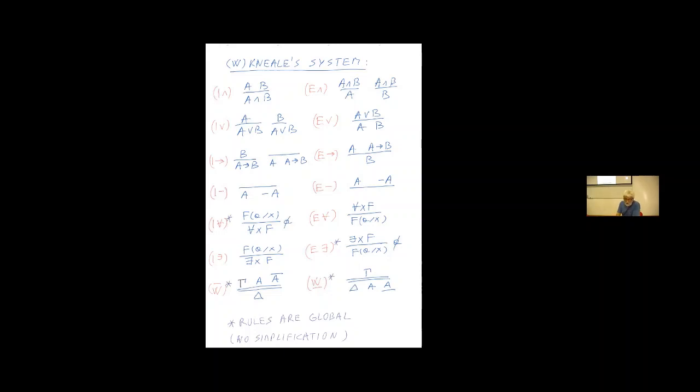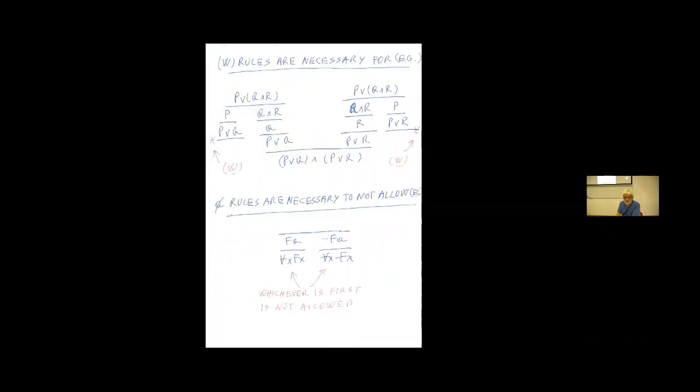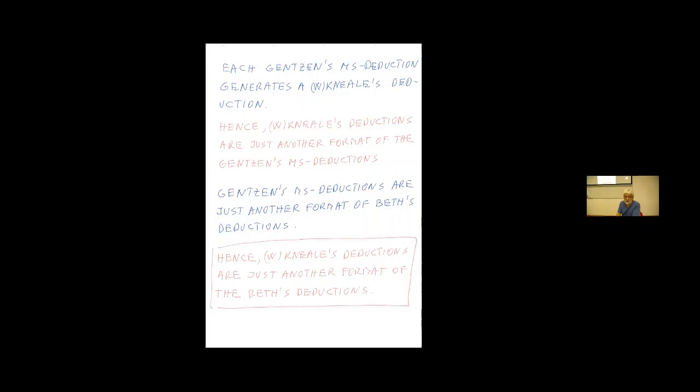But that's also interesting. So there is no simplification he hoped for. But this is just a side remark. What I wanted to prove is that each Gentzen multiple-conclusion sequent deduction generates what I call W Nielsen deductions.